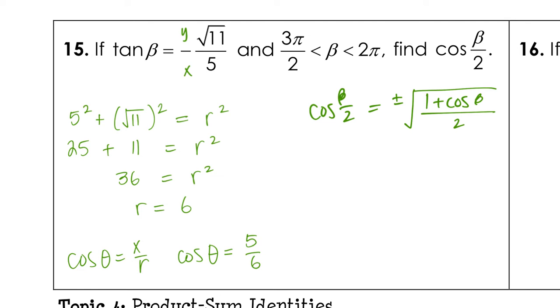Now, it could be plus or minus. Remember, anytime you take a square root, plus or minus. But according to this piece of information, beta, whatever our angle is, oh, I used theta. I should have changed this to beta. Let me fix that.